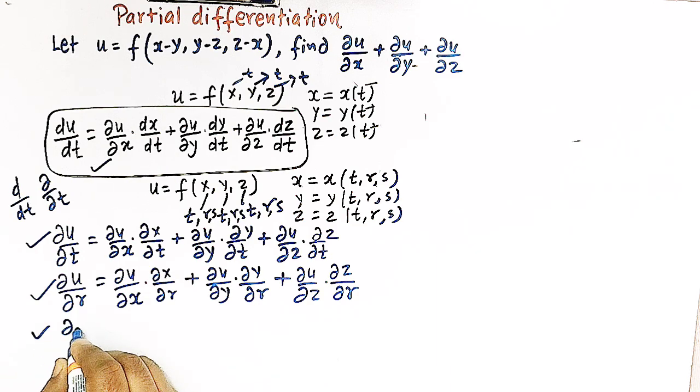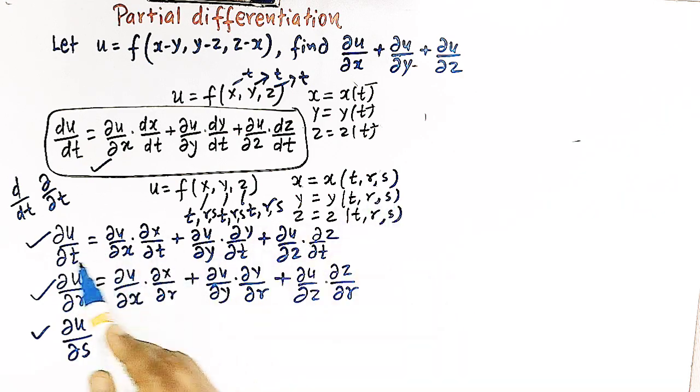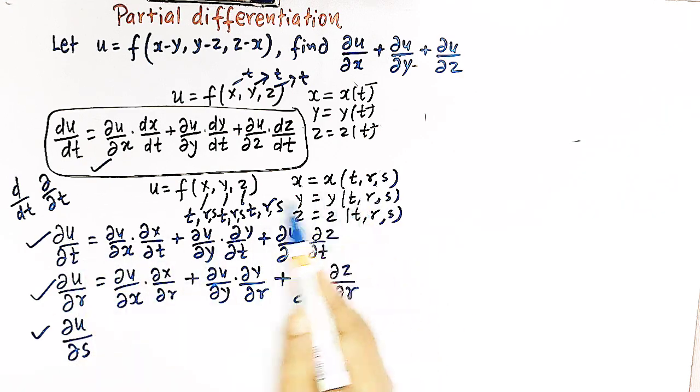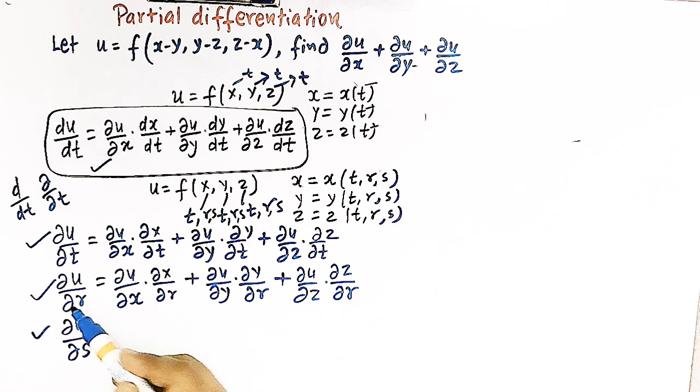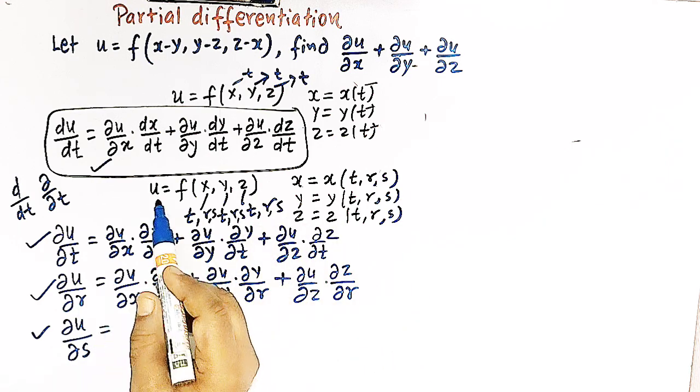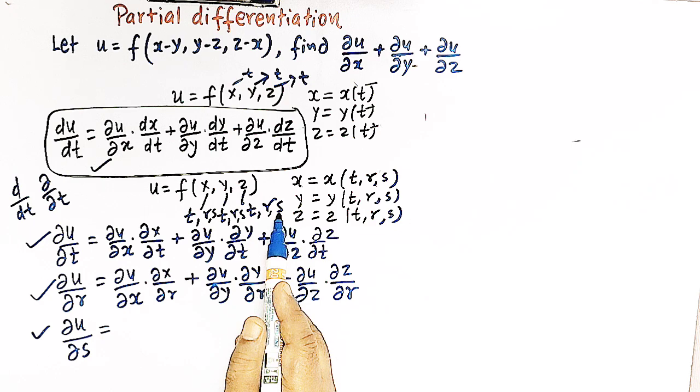So here we can now write del u over del s, right? So first we have obtained del u over del t, then del u over del r, and now we have to write the expression for del u over del s.